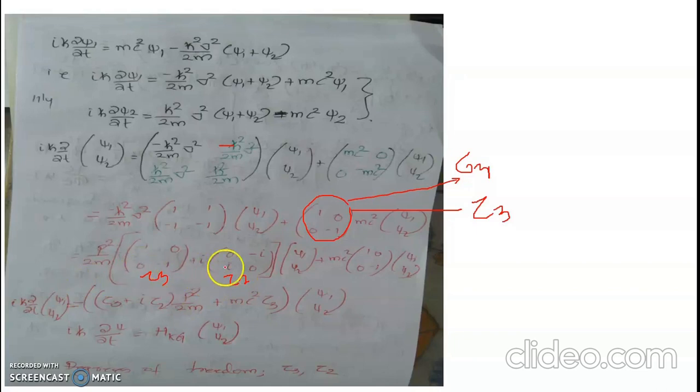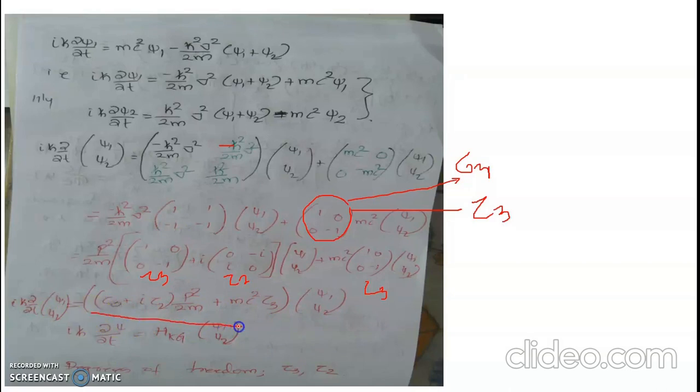Now this is tau 3 plus i tau 2 into minus h bar square by 2m del square, which is p square by 2m, plus mc square constant 1 0 0 minus 1, again tau 3. So we write it: iH cross dou by dou t operating over psi 1 psi 2 equal to tau 3 plus i tau 2 into p square by 2m plus mc square tau 3 operating over psi 1 psi 2.